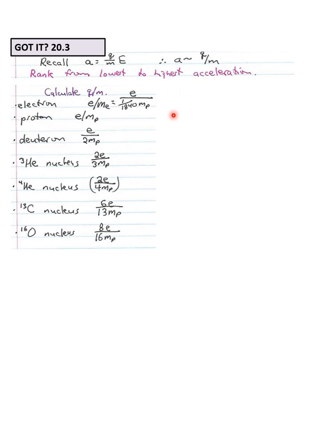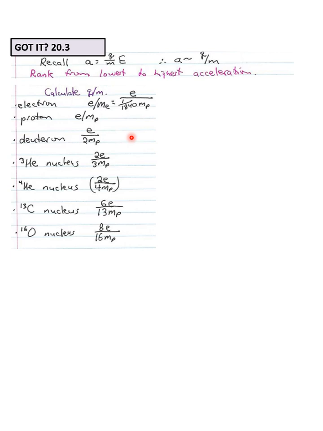For an electron, we have its charge, which is e, over the mass of an electron, and we get e over 1 over 1840 times the mass of a proton. A proton is e over the mass of a proton. A deuteron, which is a proton and a neutron, is e over twice the mass of a proton.